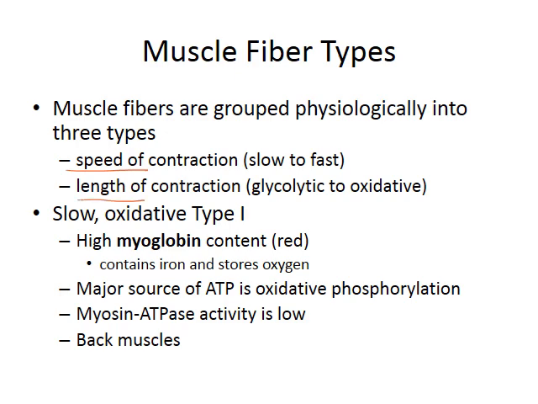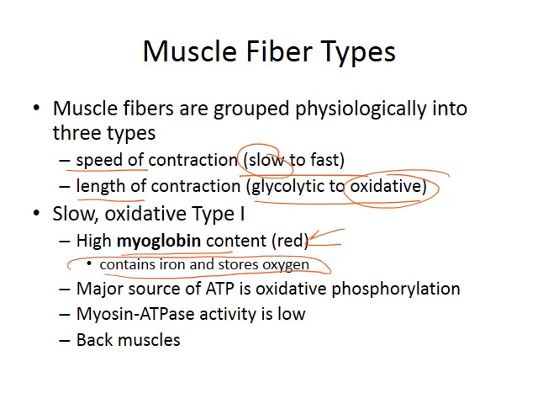The speed will be from slow to fast, and the length will be from glycolytic to oxidative. So the slow oxidative type 1 is going to be rich in myoglobin, which is going to cause it to be very red. This is due to it containing iron and storing oxygen.